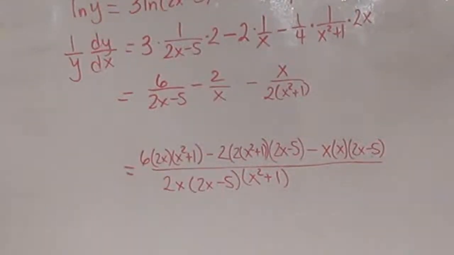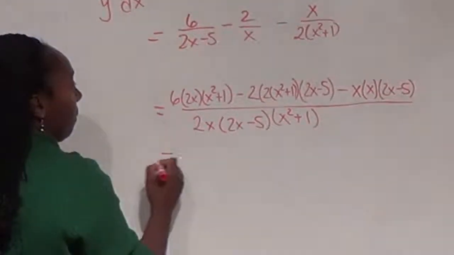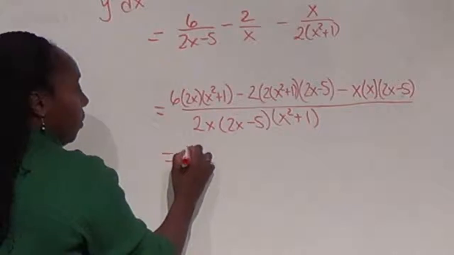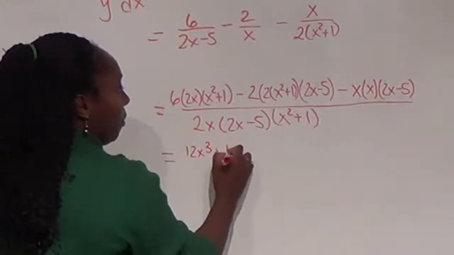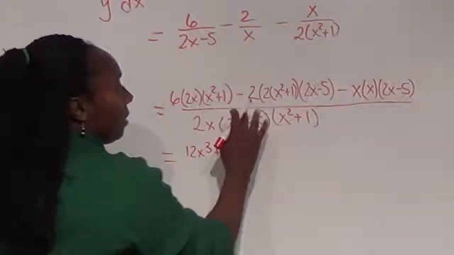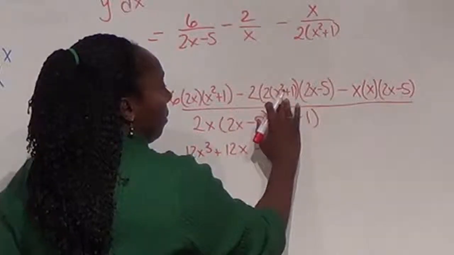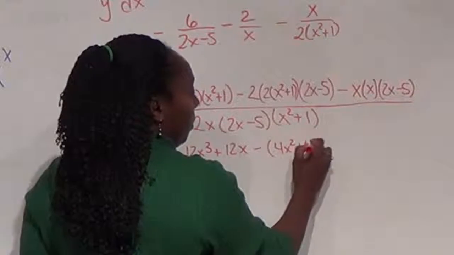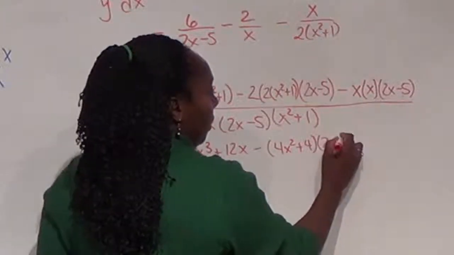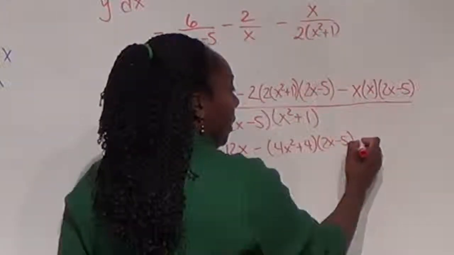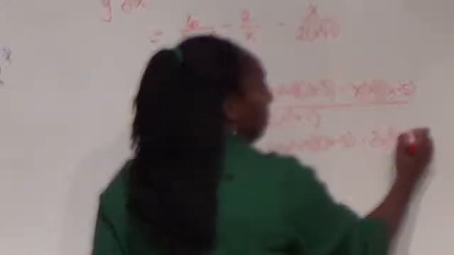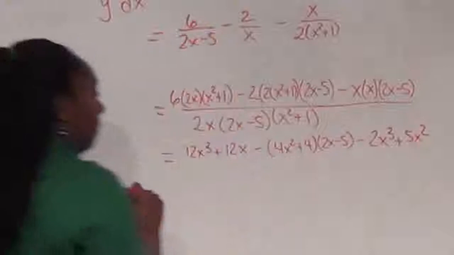From here, we're going to combine terms. All of this is still 1 over y dy dx. So we'll get a 12x cubed plus a 12x minus 4x squared plus 4 times a 2x minus 5, which we can simplify, minus a 2x cubed plus 5x squared.